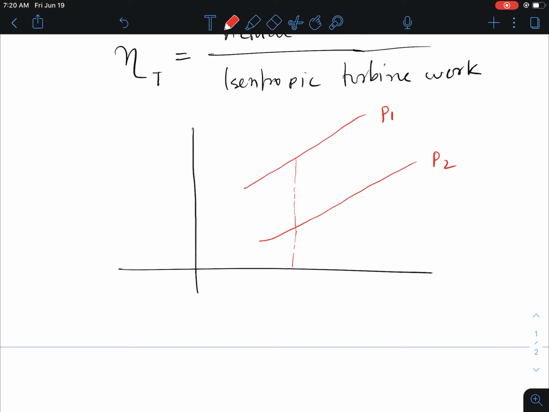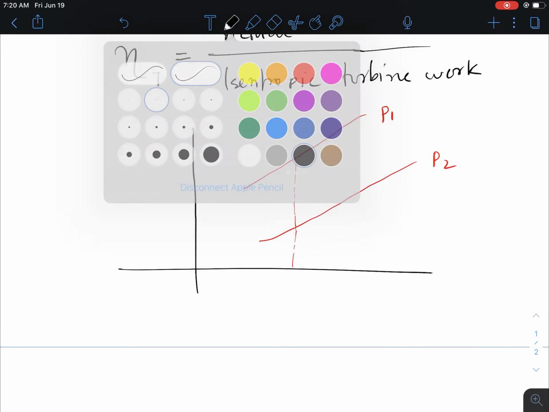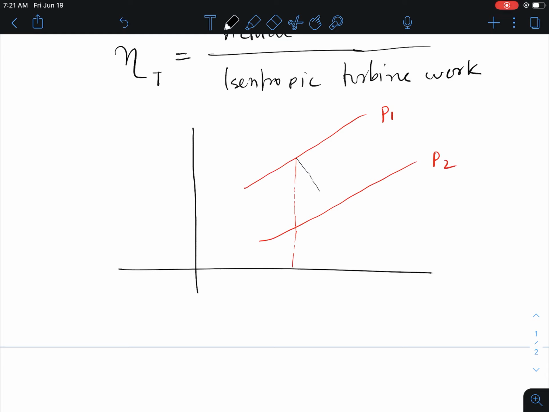However, the actual case, let me do it in a different color, is like this. So if this is entropy and this is enthalpy, there is a difference between the actual enthalpy and the ideal enthalpy. Let's define these enthalpies.